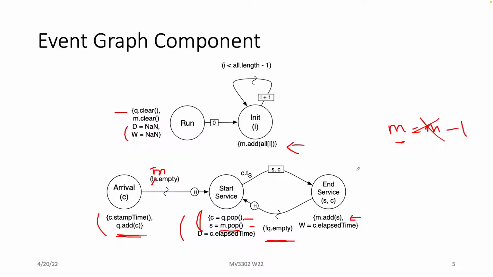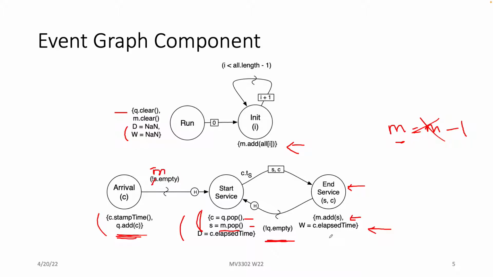Now, the final thing to look at for this model is that the end service event has both a customer and a machine. We need the customer to find out how long they've been in the system, and their elapsed time is going to be the time between when this customer showed up at this event and when they had stamped their time on arrival.